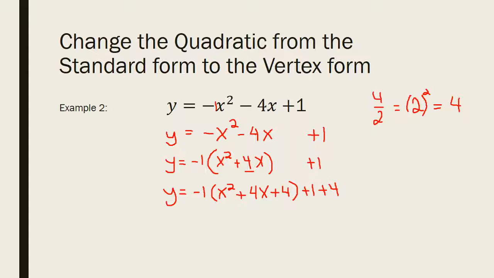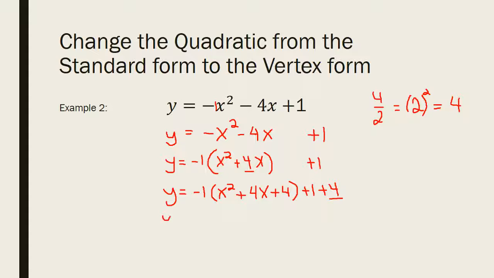Again, the negative 1 outside the parentheses will make the 4 inside the parentheses a negative 4. And if we add a negative 4 to the 4 that we added at the end, we end up with 0, which means we did all this, but at the end, the value of the equation stayed the same.